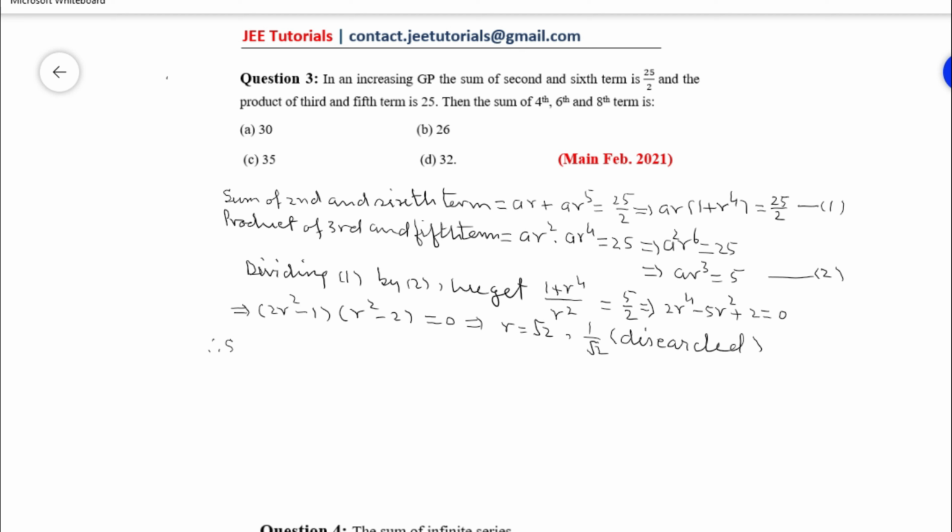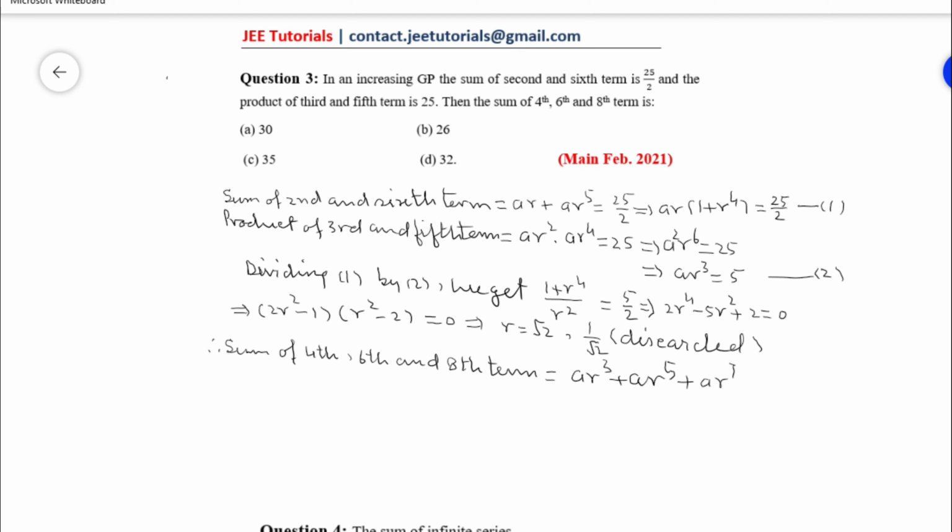Therefore, sum of fourth, sixth and eighth term equal to fourth AR cube, sixth AR to the power 5, plus eighth AR to the power 7.